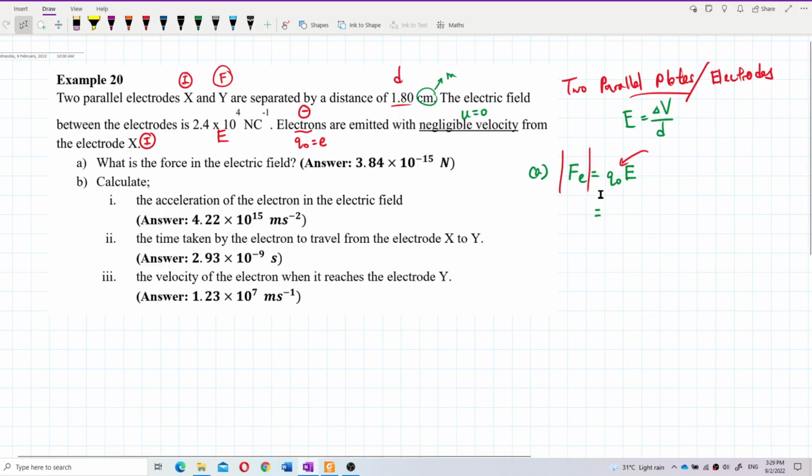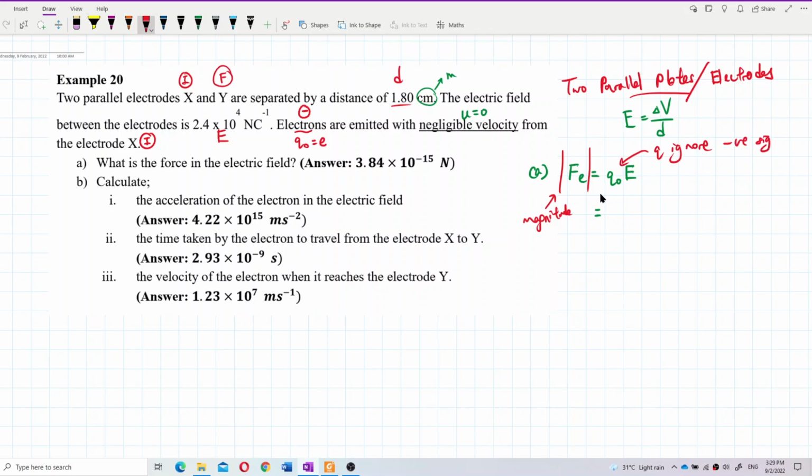The modulus means you just ignore the negative sign. The electron is a negative charge, but I just want the magnitude, so I put a positive value.